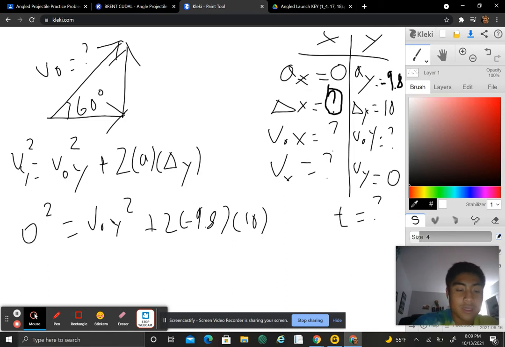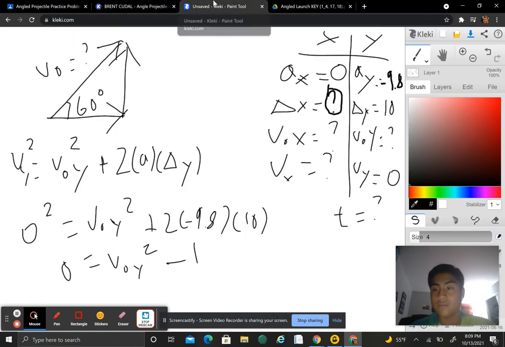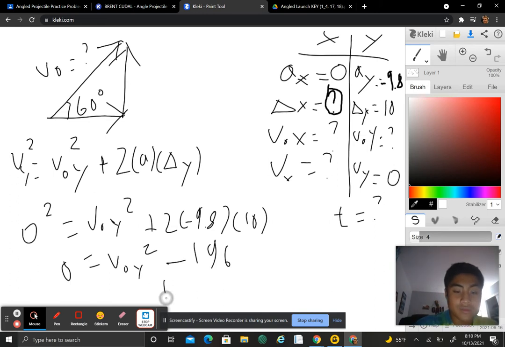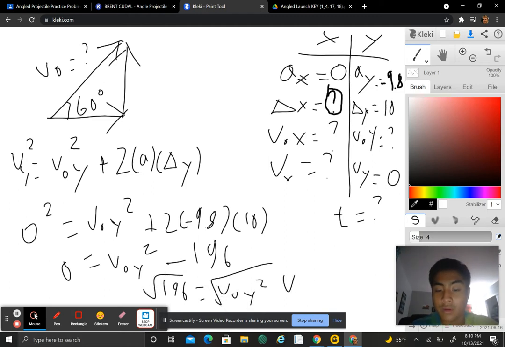Now you should end up with, when you solve it out a little bit, 0 equals v naught y squared minus 196. Add 196 on both sides to v naught y squared, square root both sides, and you should end up with a pretty little number of v naught y equals 14.